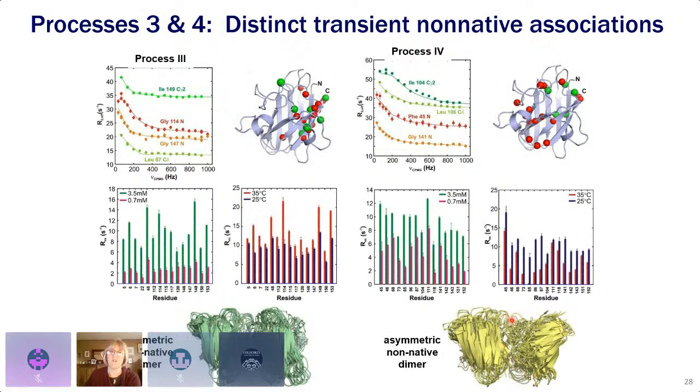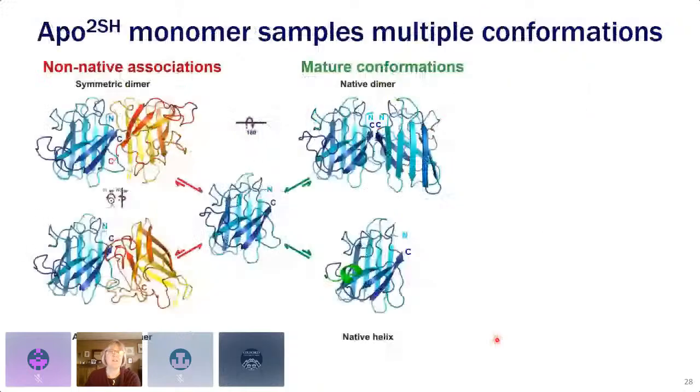You can see here we've got a bunch of loops in the interface. This is shown better in this next slide. So here we have our native dimer. Here you see the N and the C termini are beside each other in the two subunits, so it looks like this. In this non-native symmetric dimer, you rotate 180 degrees around this axis and flip this subunit over. So now the N and the C are down here.